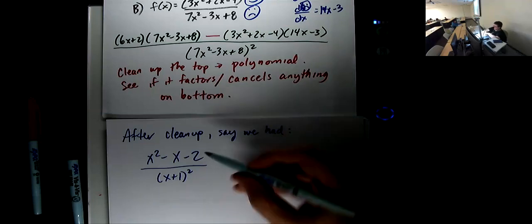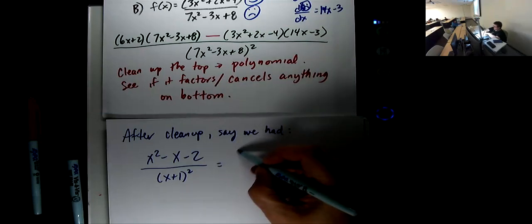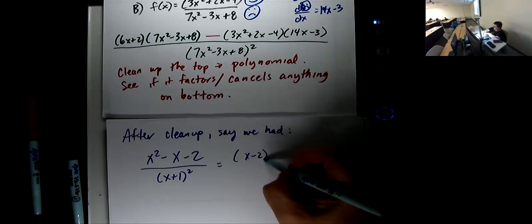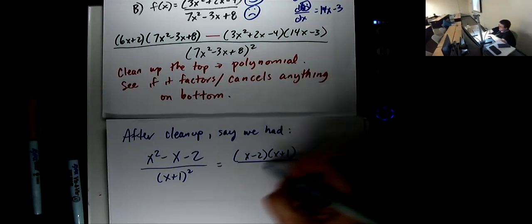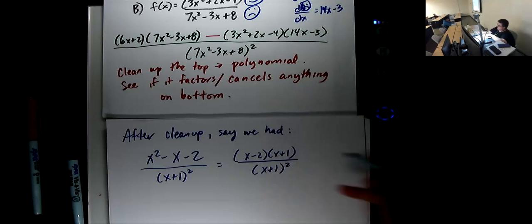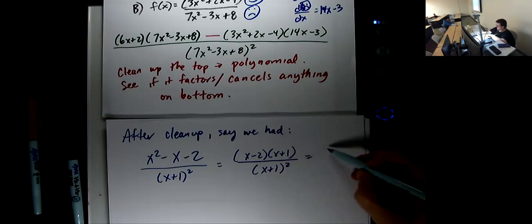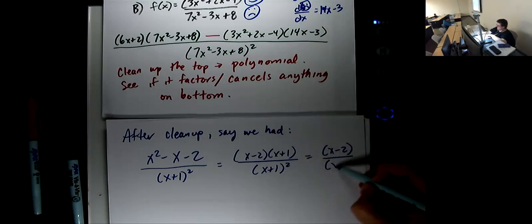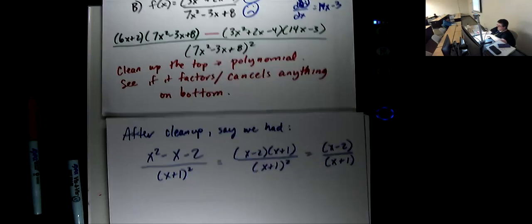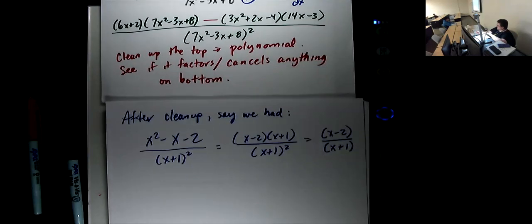If I factor the top, I'm going to get x minus 2 times x plus 1 over x plus 1 squared. And so it does simplify. The one x plus 1 on top cancels one of the x plus 1s on the bottom, and that's what I'm left with.